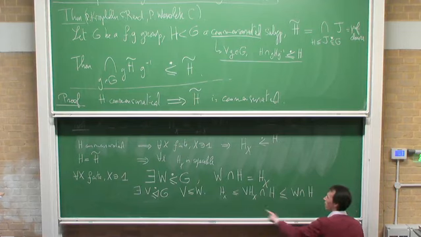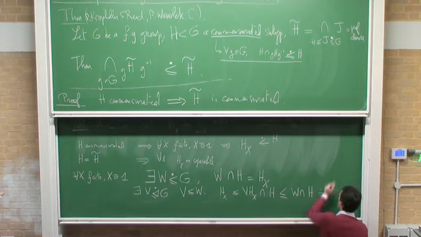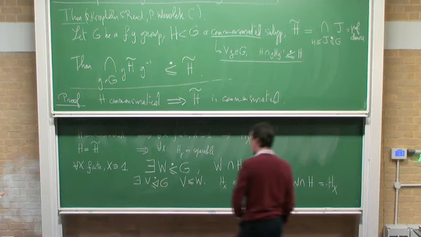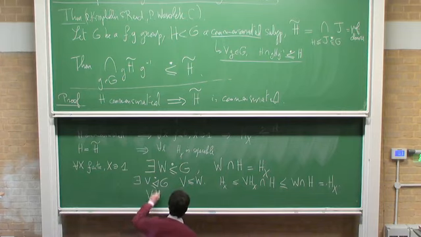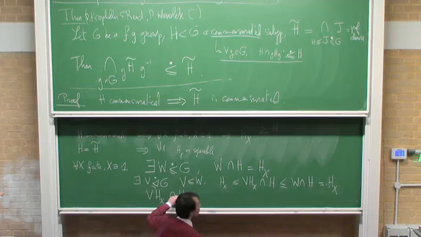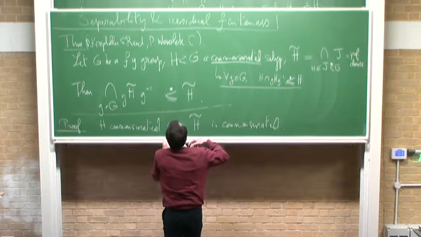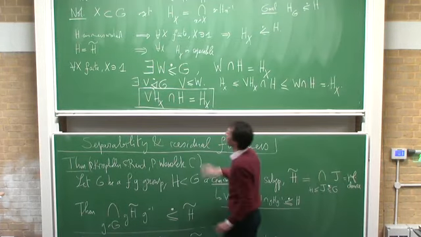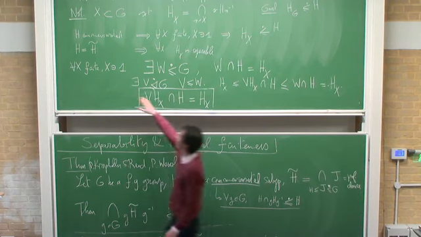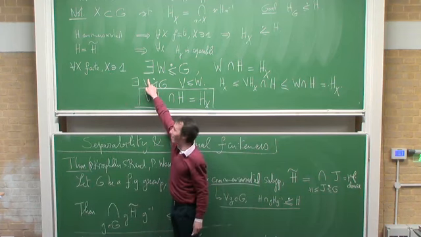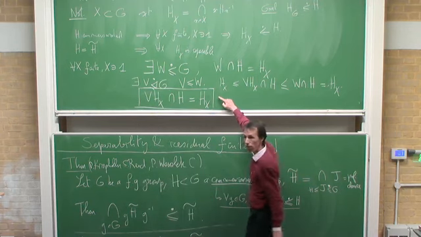And this is contained in W, which is Hx. So what I get is that V Hx intersected with H is Hx. So for every finite set X containing the identity, I can find a finite index normal subgroup of G satisfying this equation.